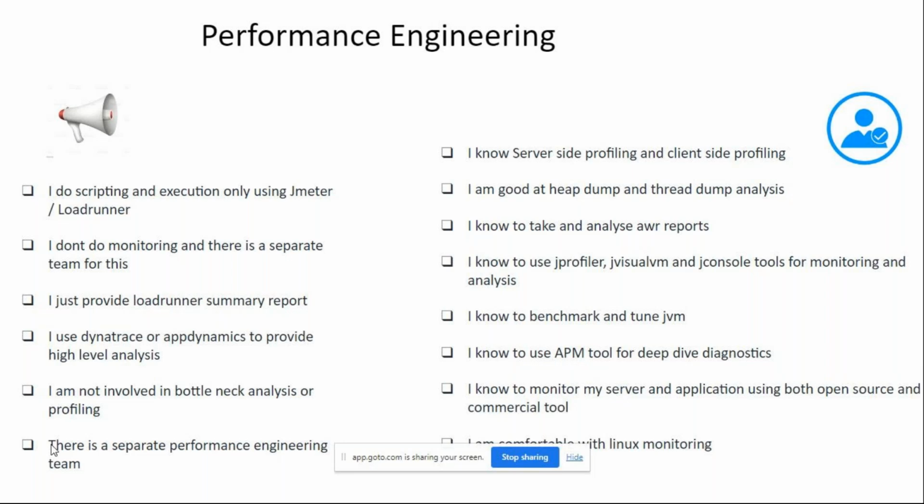They might be doing some kind of monitoring with whatever tool is available. Then they do analysis of the load testing tool reports and provide that analysis to the development team. They might use Dynatrace or AppDynamics to provide high-level analysis, and typically they will not be involved in any early performance engineering, tuning, or bottleneck analysis.